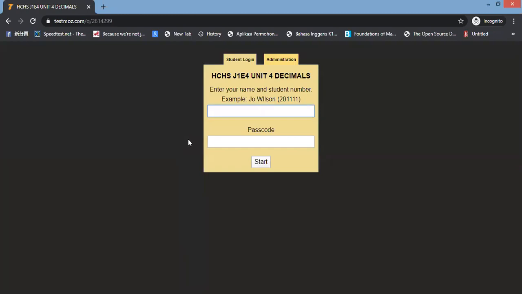Let's say your name, type Tiffany, then student number. Type in your full name and your student number. The passcode is J1E4, J and E both capital letters. Then you press start.